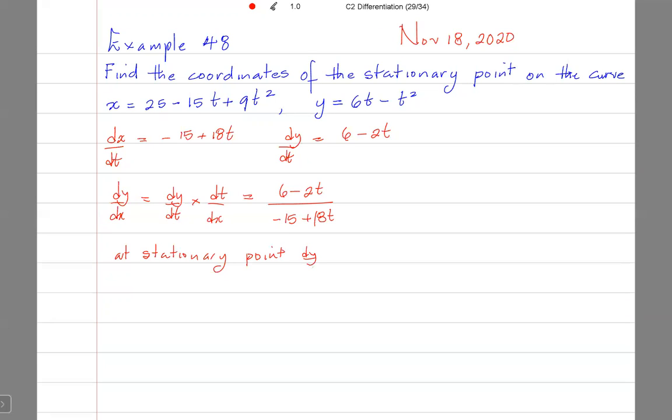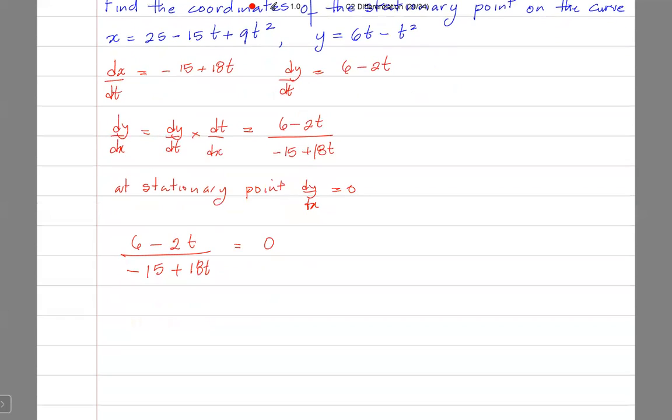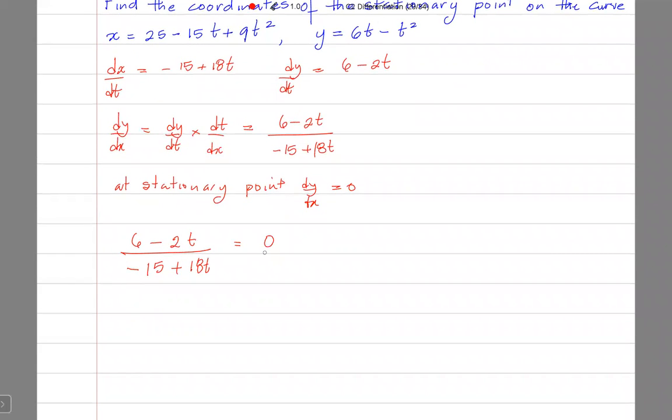Now, at stationary points, dy by dx would be equal to 0. So what I would have is 6 minus 2t over minus 15 plus 18t is equal to 0. If that be the case, if I cross multiply, I would end up with only one value for t. So let me cross multiply.